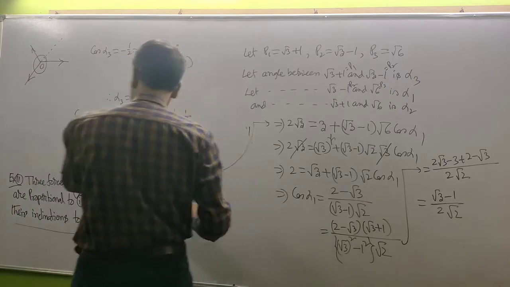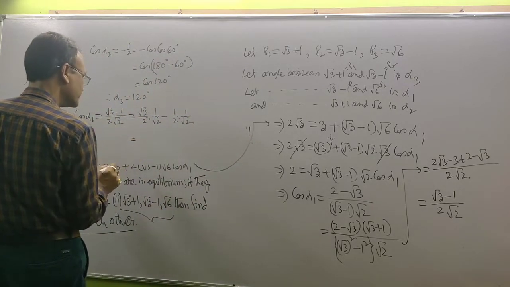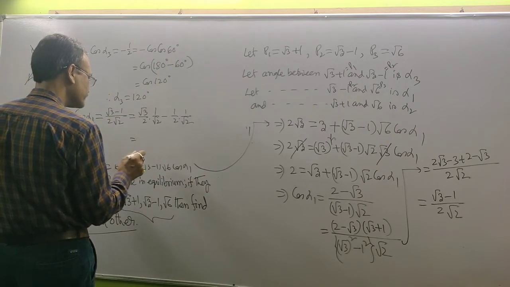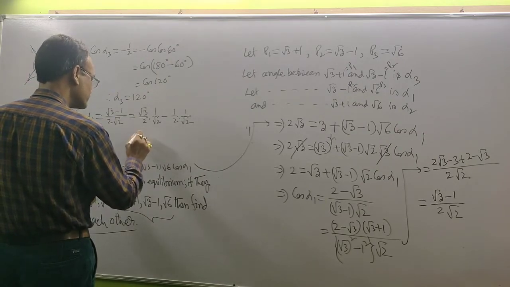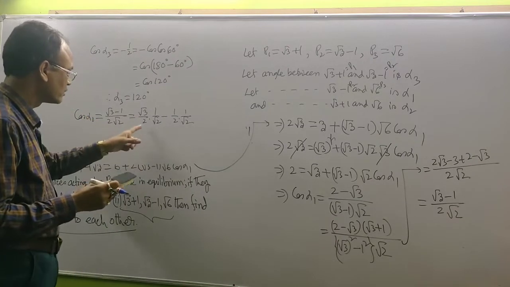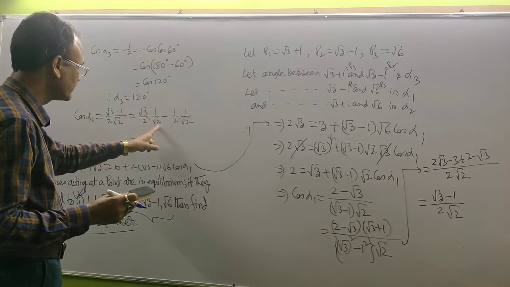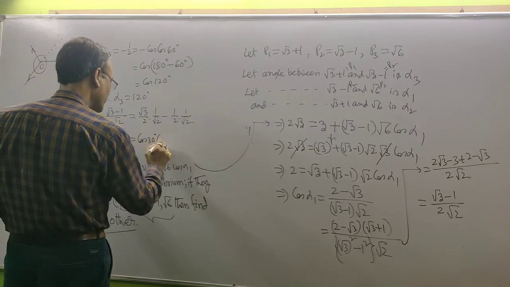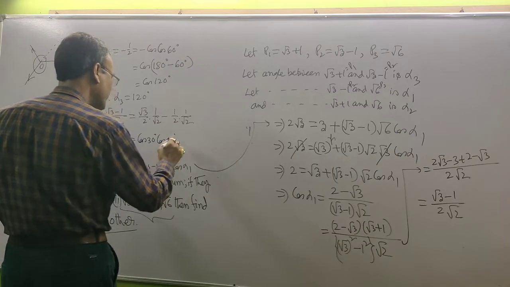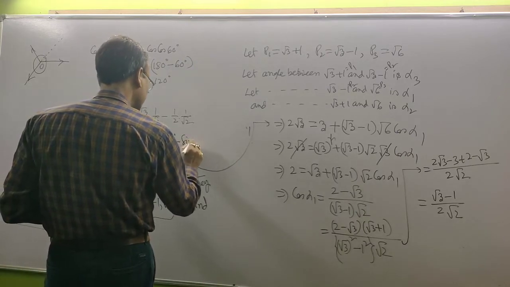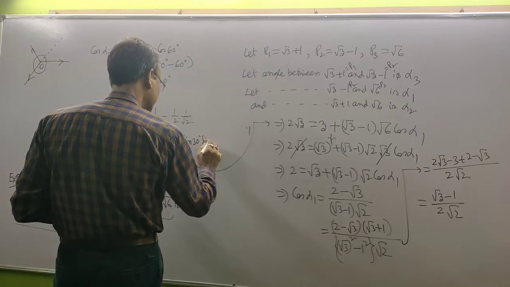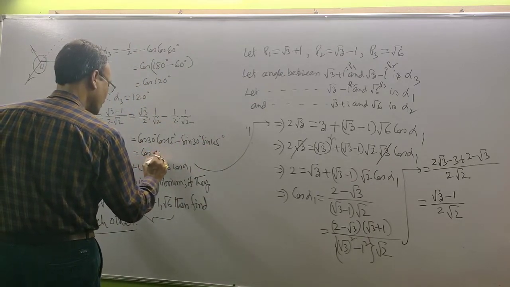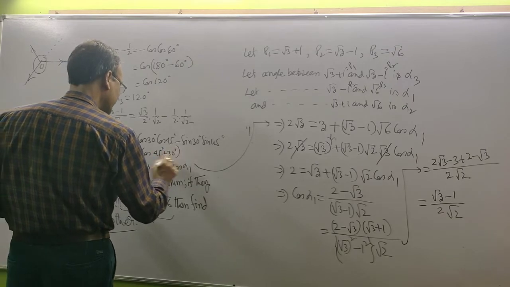You may write this as cos 30 cos 45 degree minus sin 30 sin 45 degree. This is equal to cos (45 degree plus 30 degree).